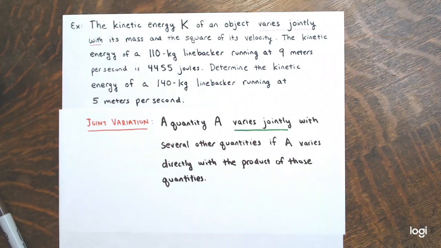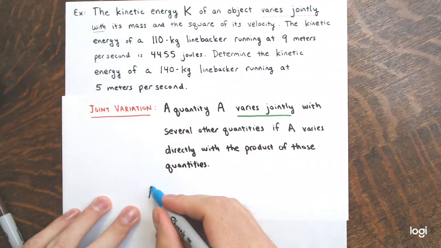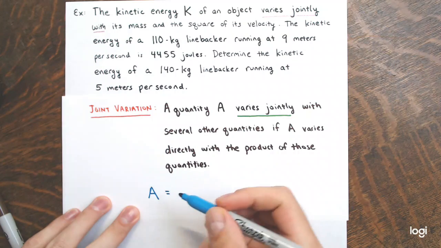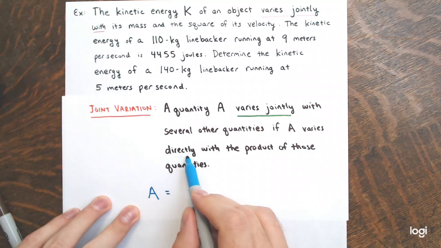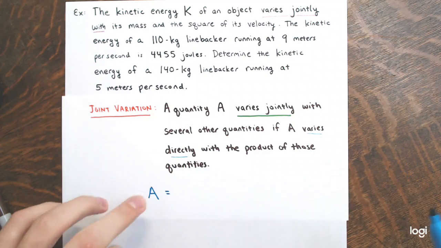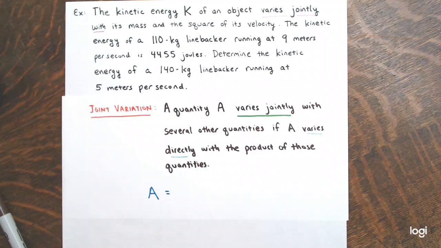In other words, if I were writing out a little equation here, that would mean that A is equal to, now remember what it means to vary directly. I put up a video a couple videos back. Hopefully you watched it. If not, let me explain it really quickly here. If one quantity varies directly with another quantity, that means that one quantity is some constant multiple of the other.